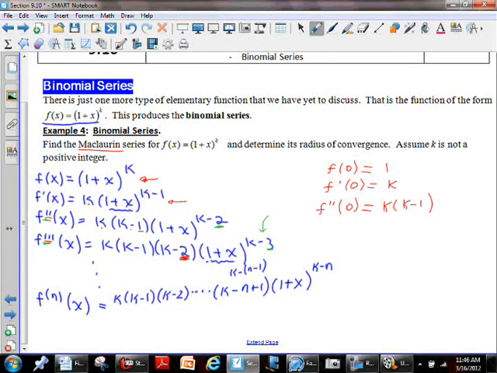It's probably going to be very intuitive that your f triple prime of 0 is just going to build upon this notion. And perhaps or perhaps not, it would be obvious from your nth derivative what's going to happen. Well, you would still have your k and your k minus 1 and your k minus 2.